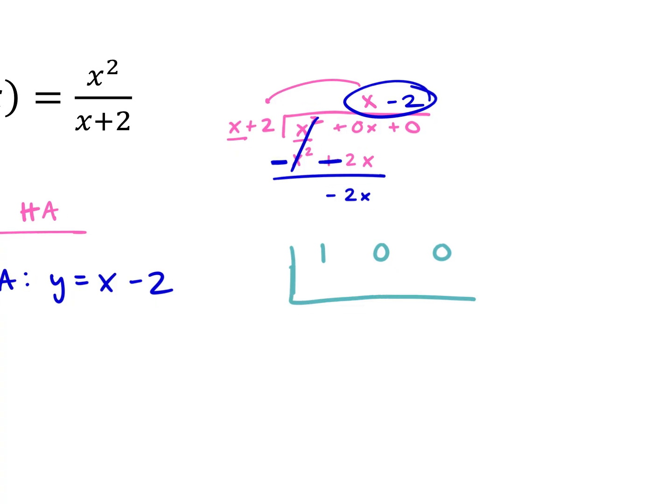So if we had x plus 2 and set it equal to 0, we would get x equals -2. So -2 goes on the outside. Drop down the 1, multiply, we get -2, add -2, multiply 4, add 4. So this would be x minus 2 with a remainder of 4, but we drop the remainder anyways. So you could do it either way. Long division, synthetic division, you just divide to find the slant asymptote.